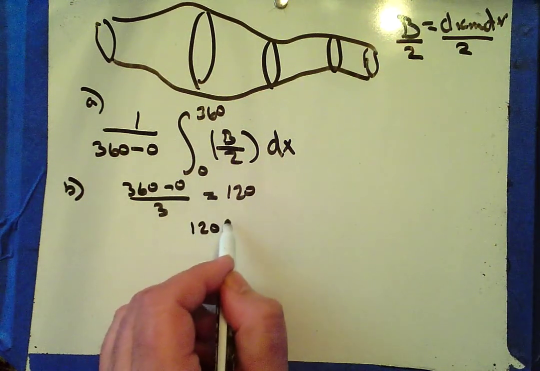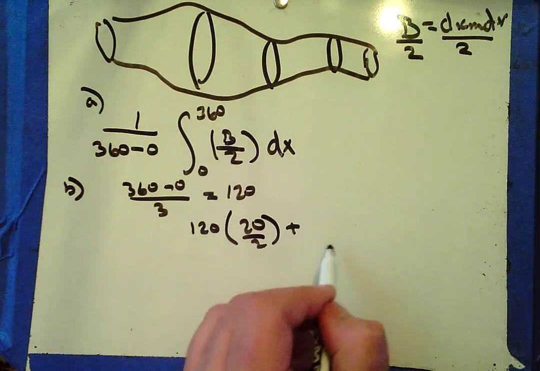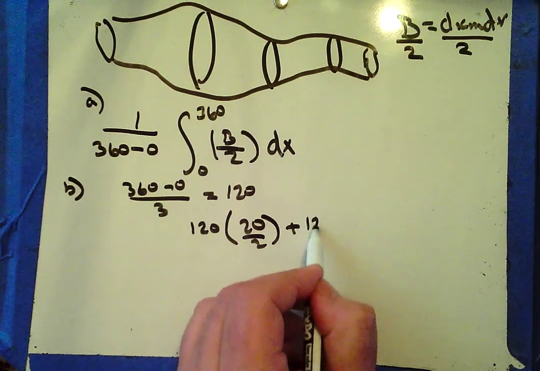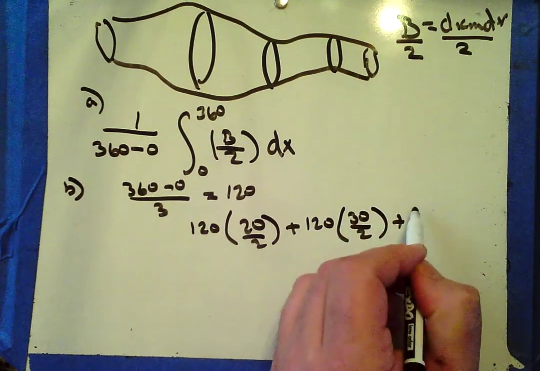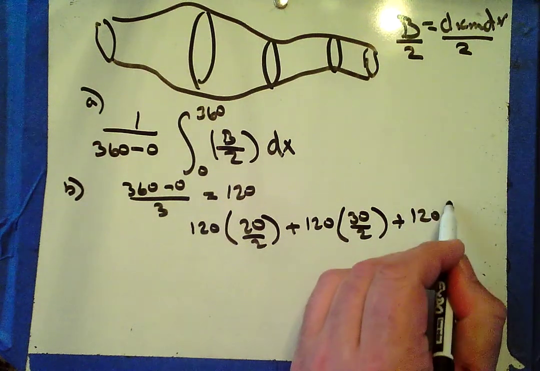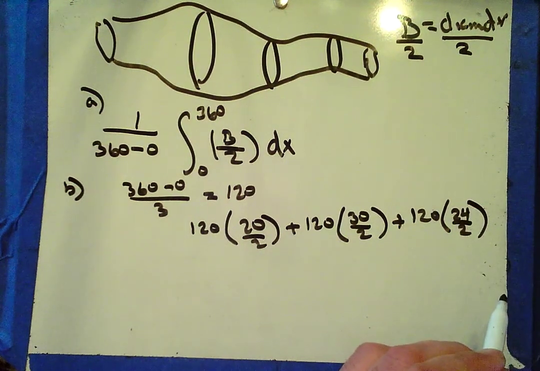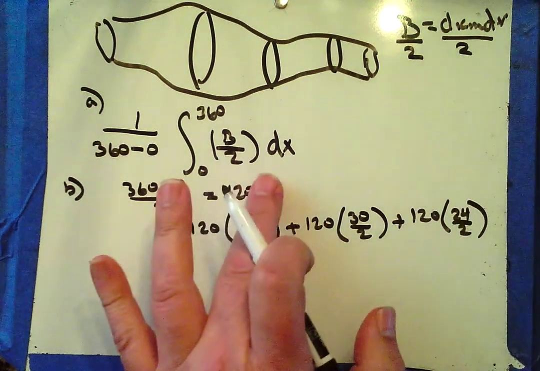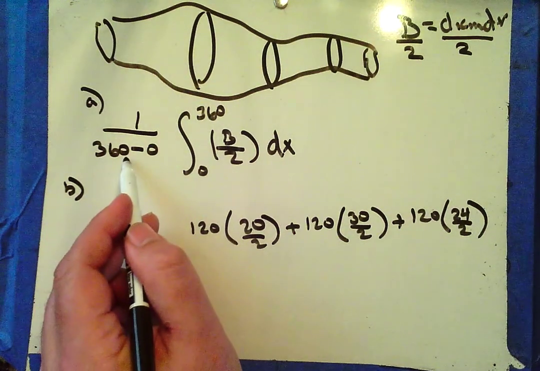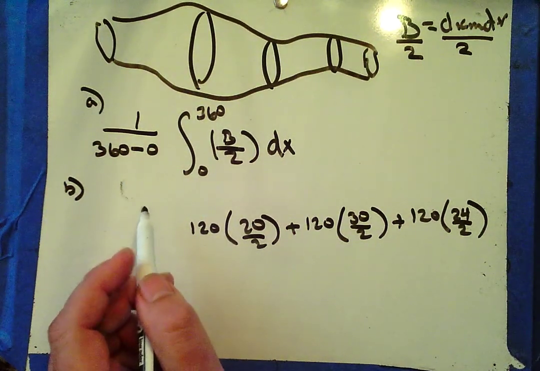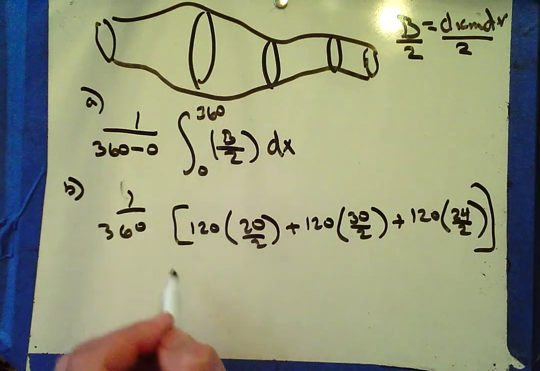So instead of doing 120 times 20 over 2 plus 120 times 30 over 2 plus 120 times 24 over 2, I can definitely pull out these 120 over 2's, and I've got this 360 out in front as well. So don't forget times 1 over 360.